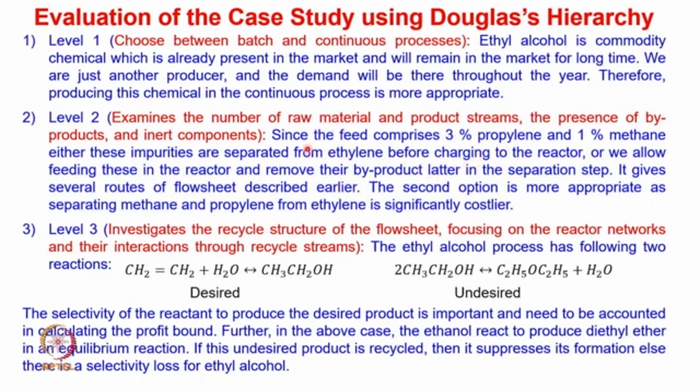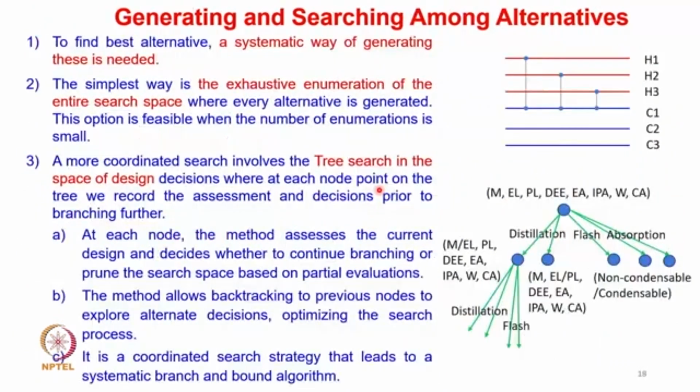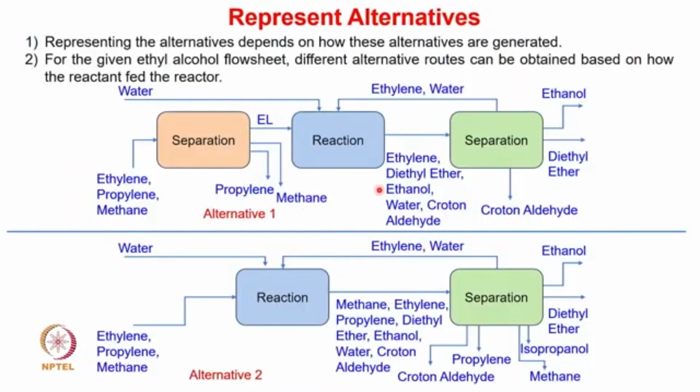So based on this we have formulated different flow sheets which we have discussed earlier. I'll go back again. So these are the two options we have looked at, but there are multiple alternatives possible. So here you can see that we are looking at separating propylene and methane from the raw material, and then the pure ethylene is passed to the reactor.